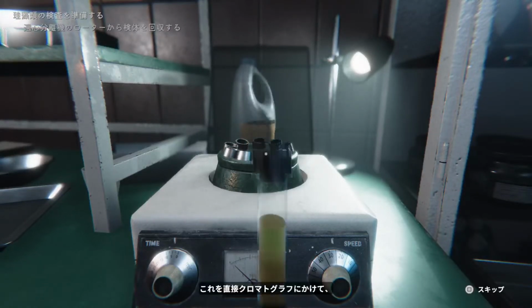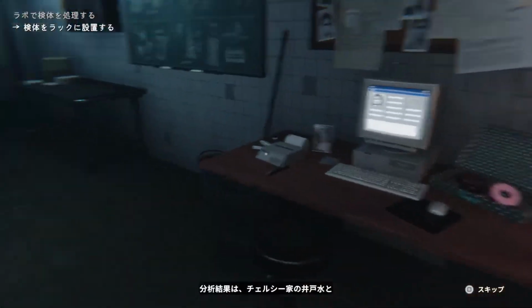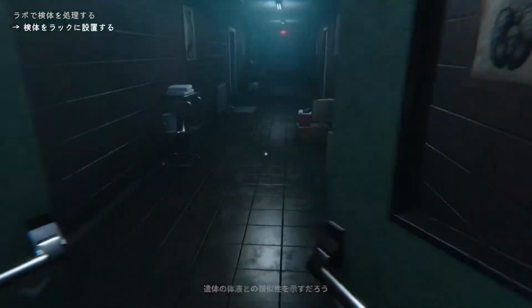I'll run it directly into the chromatograph and run it against the data from the police. I'm certain the analysis will show similarities between the fluid and water in Chelsea's well.